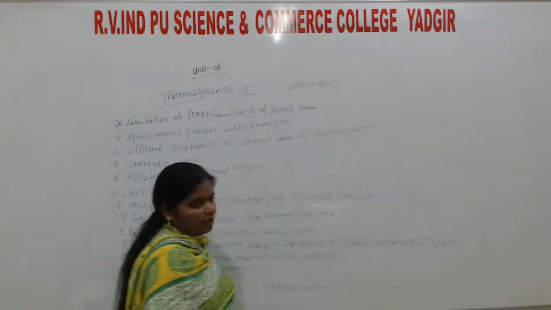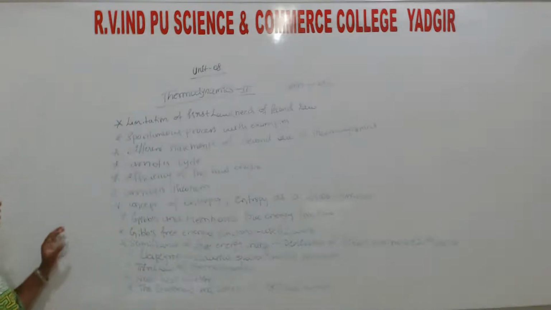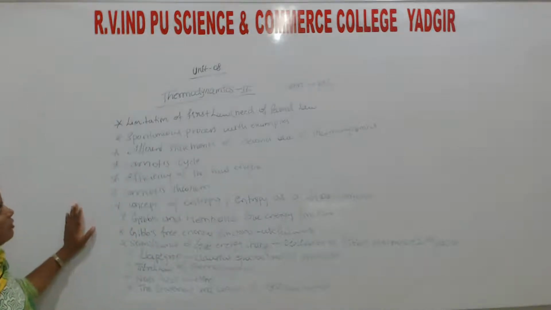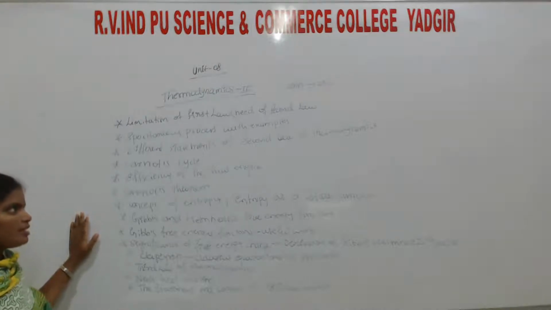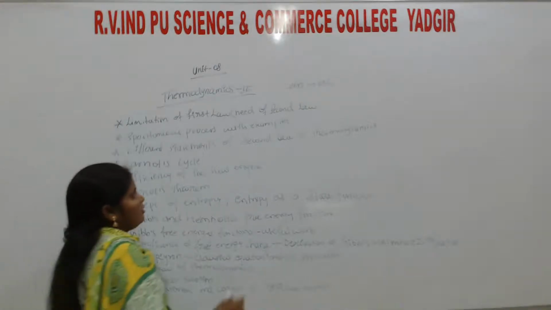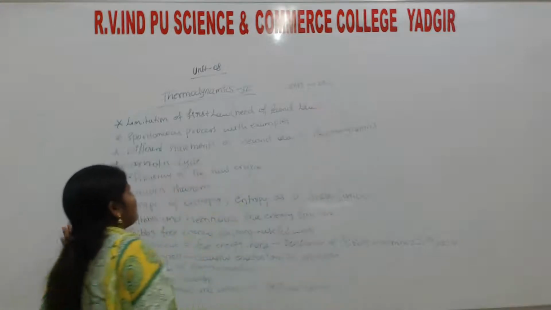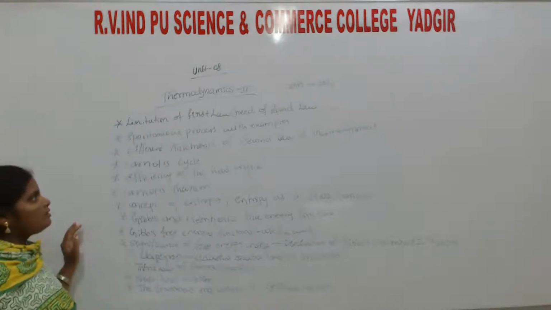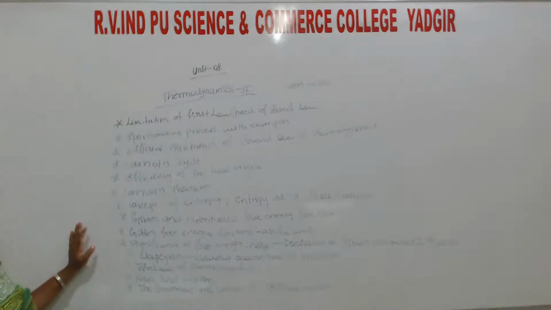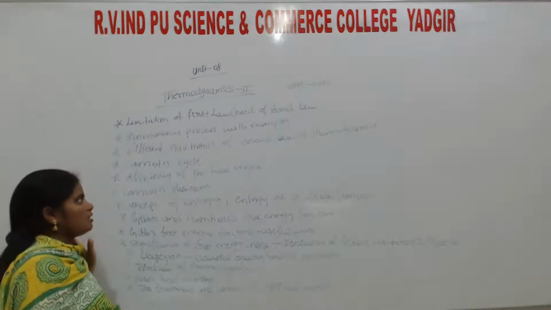In this Thermodynamics 2, the first one is limitations of first law, need of second law. Second concept, spontaneous process with examples. Third is different statements of second law of thermodynamics. Different scientists state the second law differently, so it gives different statements.